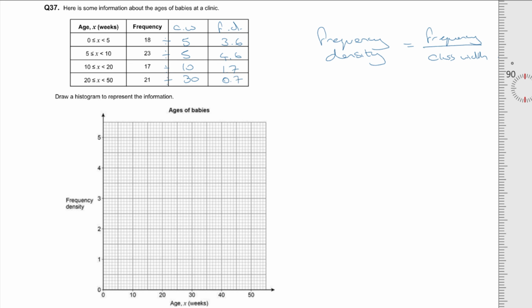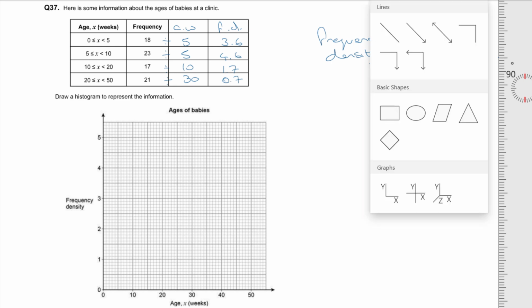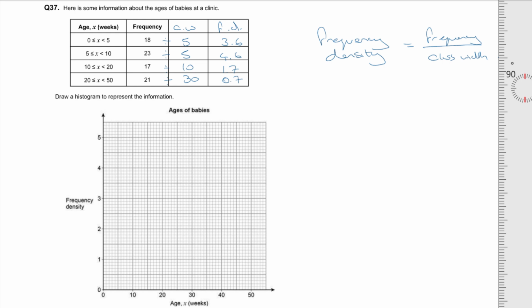So now I'm ready to draw my bars. I'm going to cheat and use the bar drawing tool. So 0 to 5, height of 3.6, and we're going to draw a square from 0 to 5, height of 3.6. So the next bar goes from 5 to 10 with a height of 4.6.